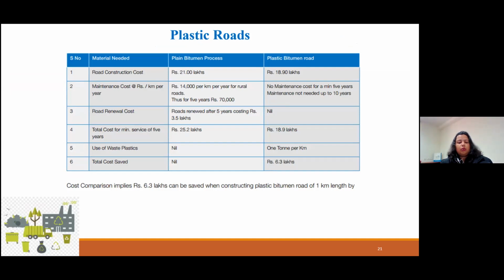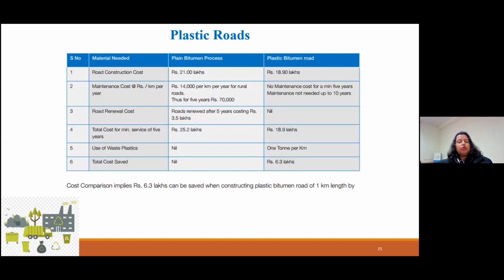He took a 1 kilometer stretch of 3.5 meter width, the standard width that we take, and added a lot of different costs for plain bitumen and plastic bitumen. The construction cost alone is going to show you a difference of around 2 point something lakhs. Then there is the maintenance cost and the renewal cost, which you need for overlays, regular maintenance, patchwork and all.